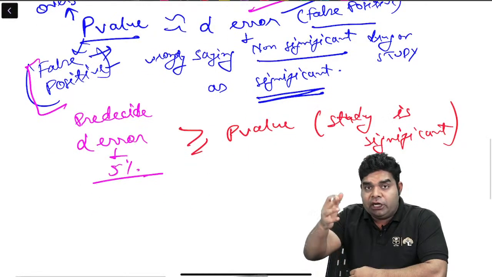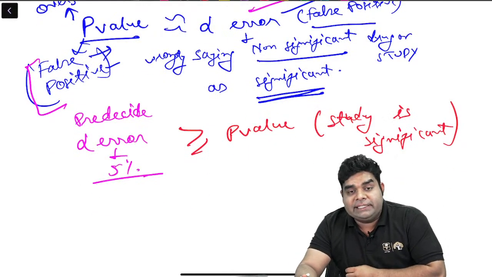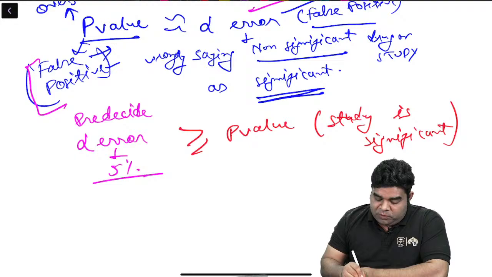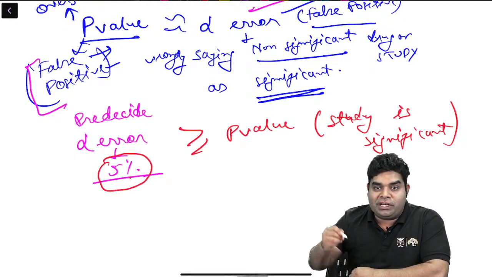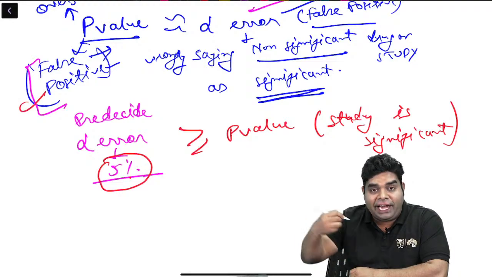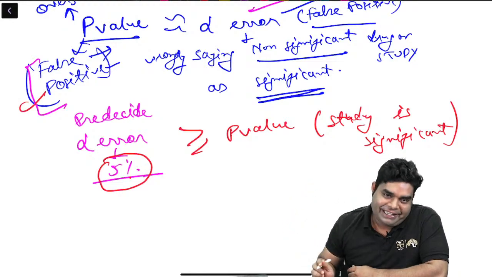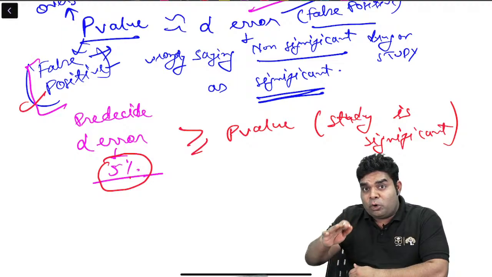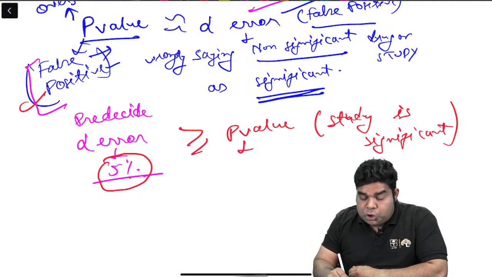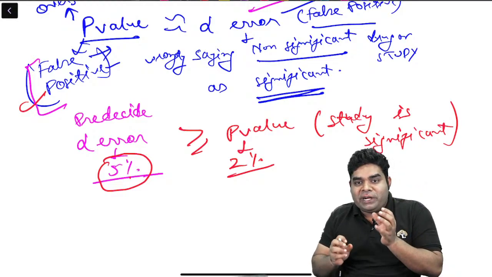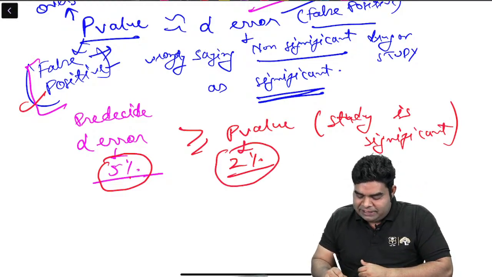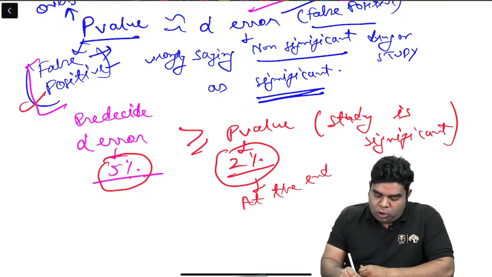What does it mean? Suppose you went into an INICET exam or a NEET exam and you thought that you will make a 5% mistake, that 5% of questions you will think are correct when they are not. But suppose in the real exam, you made only 2% mistakes. That is at the end of the exam, and 5% was your pre-decided mistake.